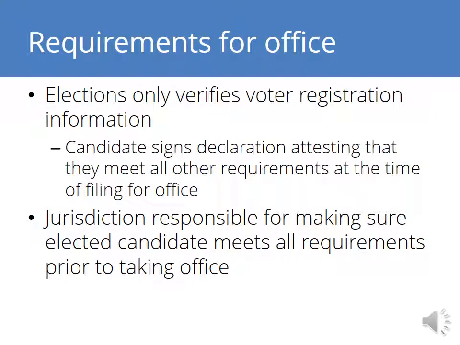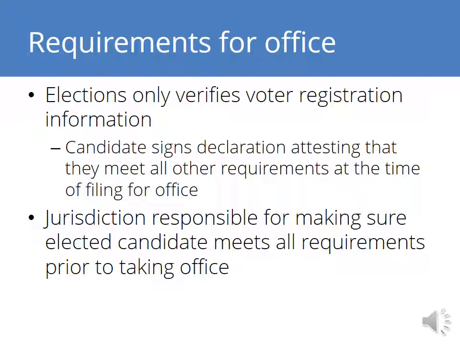All candidates must be a registered voter of the jurisdiction for which they have filed for office. It is the candidate's responsibility to ensure he or she meets any and all other requirements, such as a residency requirement. For jurisdictions with district positions, King County Elections only verifies that the candidate is registered in the overall district.